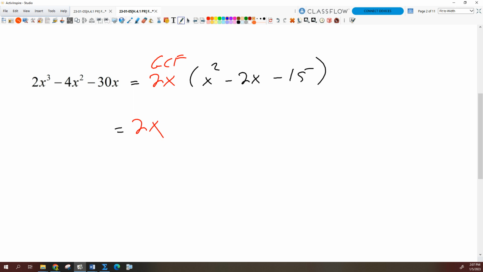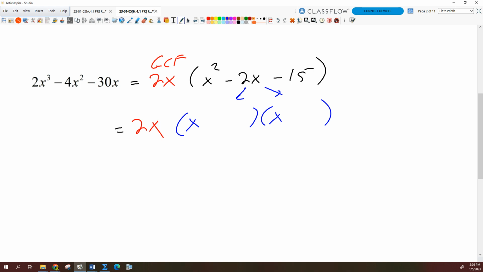And so we've got our 2x, that's a factor, that one's out front. And now we have to determine, could we break this trinomial up using magic numbers? Do they exist? They have to multiply to negative 15 and add to negative 2. So if they multiply to a negative, what's that tell you?